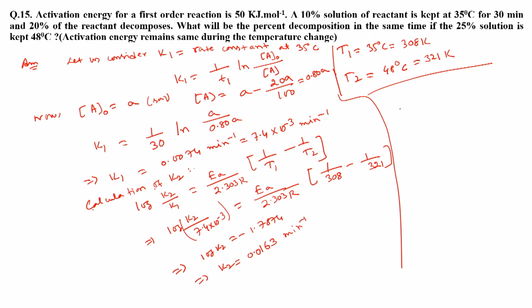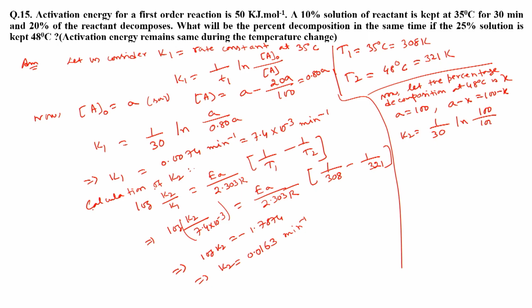Now let the percentage decomposition at 48 degrees Celsius be X. Suppose A is 100, so A minus X is 100 minus X. So K2 is 1 by 30 ln 100 by 100 minus X. The value of K2 we have already got.